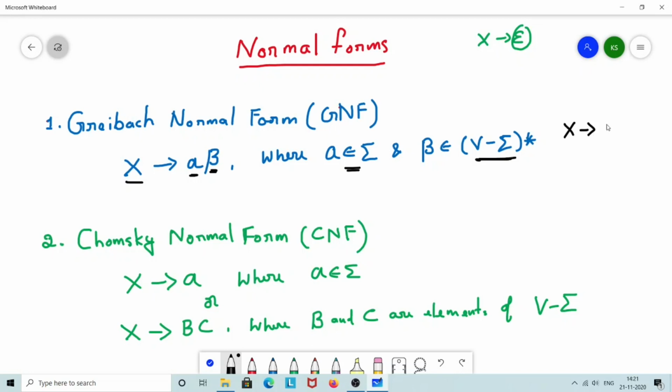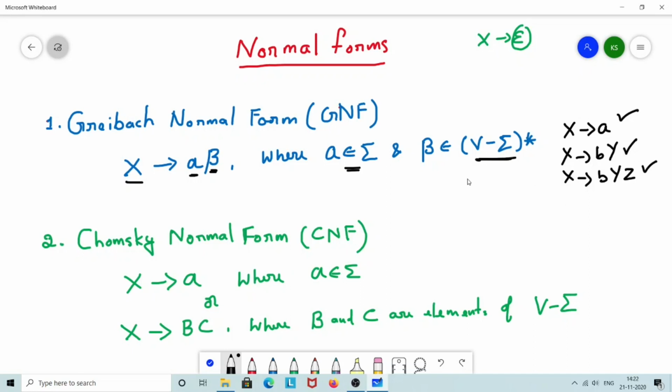Okay, so I'll write some examples. This is totally valid, right? This is also valid according to Greibach normal form. This is also totally valid. So if you have the rules this way, then it belongs to Greibach normal form.